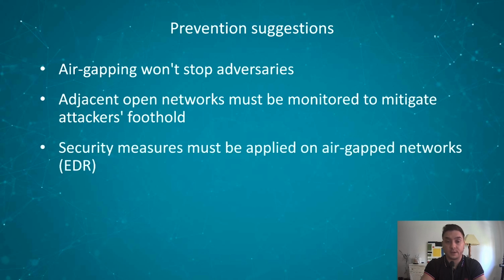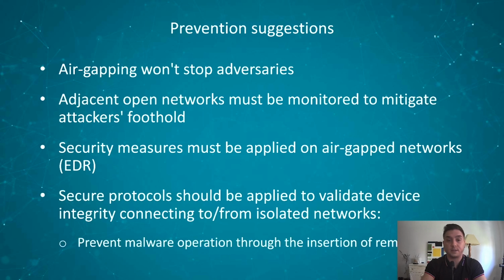Also, it's a good practice to deploy security measures within air-gapped networks, and a good solution to this is to deploy an EDR into them. But if any of these things fail, there is always an auxiliary measure that can be applied, which is to apply secure protocols to validate the integrity of devices that connect to or from the isolated networks.